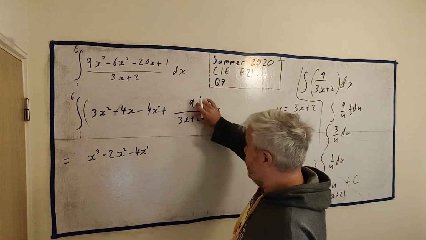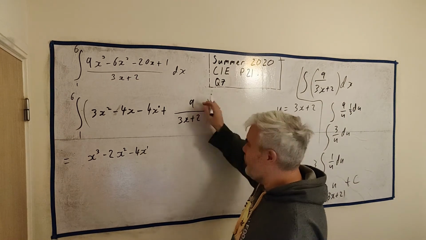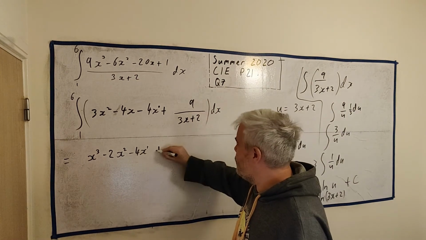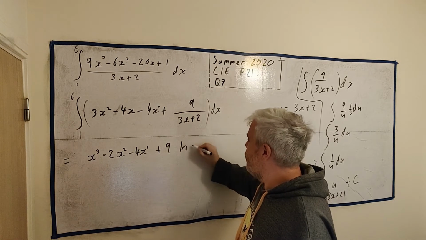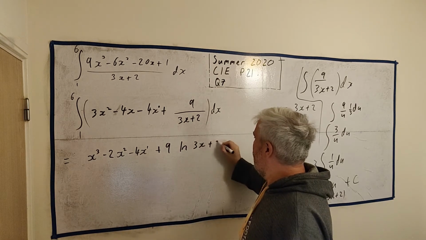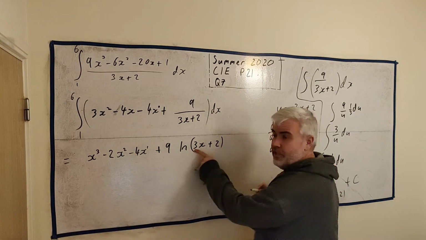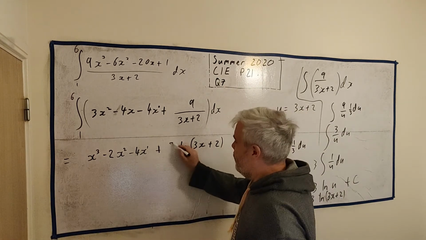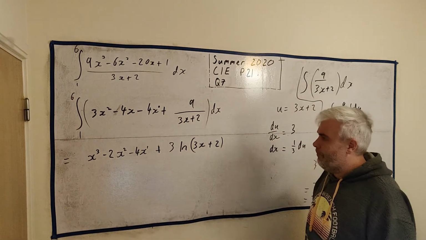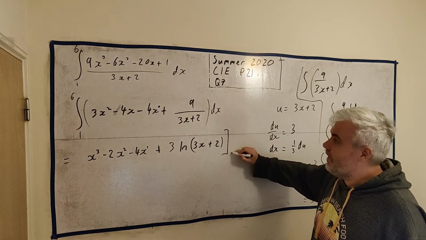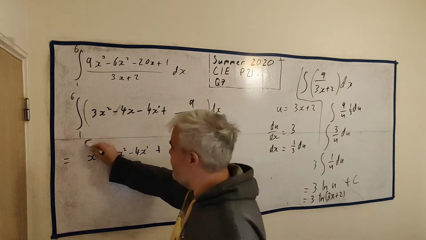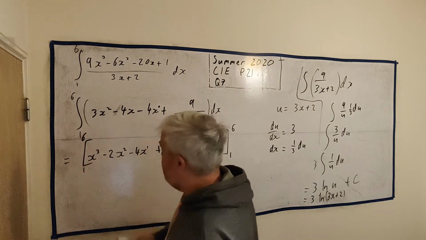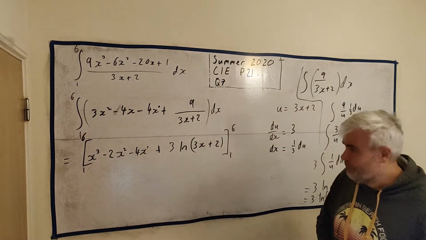How I would often write this if I was doing it myself, I just write plus 9 natural log 3x plus 2, and then I'd look at this 3 and divide by 3. That's how I'd quite quickly get that in my head. Alright, we're still not done. We still have to evaluate this between 6 and 1. Still, you're getting lots of marks at this point.